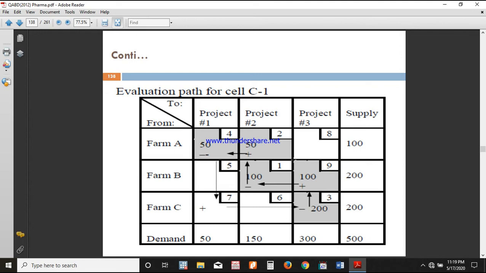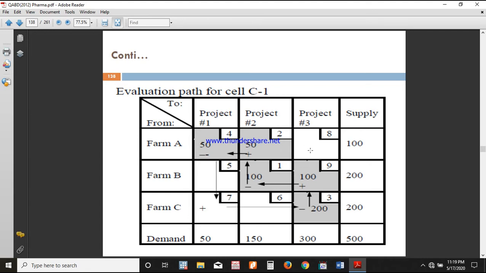From the minus signs you can select the lowest value, that is clearly 50. Therefore, you can reduce this value 50 in the minus sign and add this 50 in the plus sign.